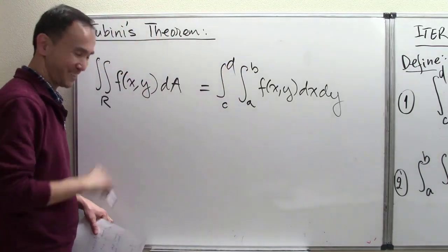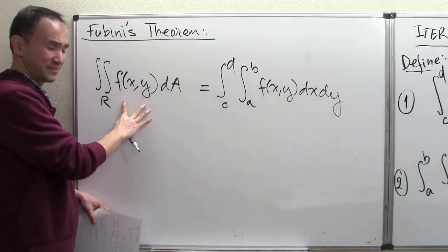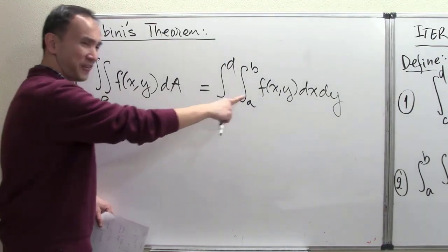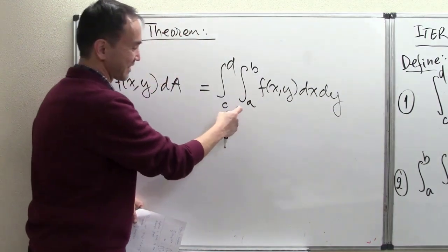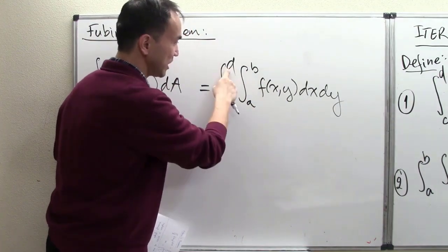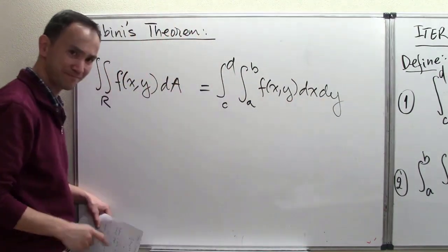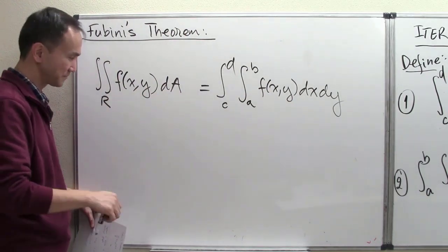That's one way. So you can now do this double integral by using the iterated integral in that order: a to b first with respect to x, and c to d with respect to y after. Fubini has proven it.